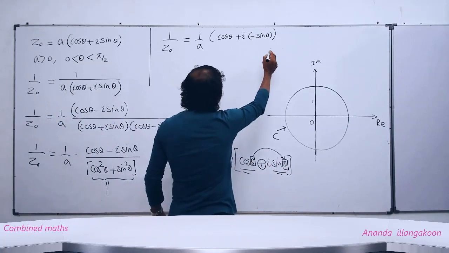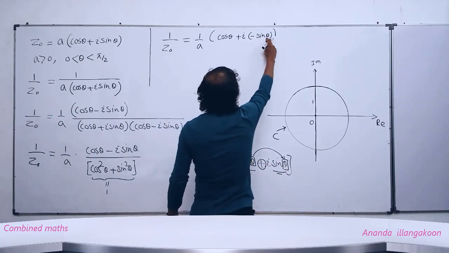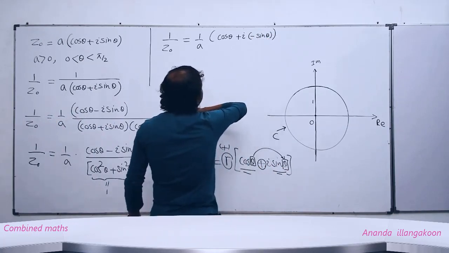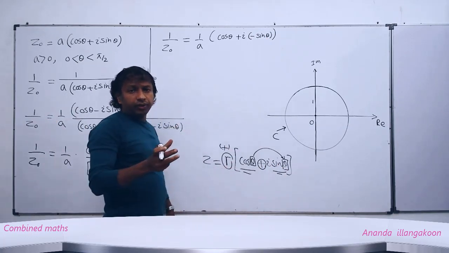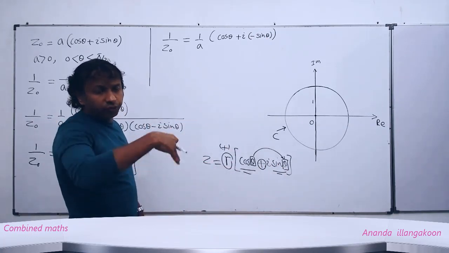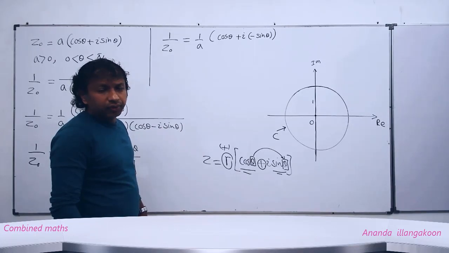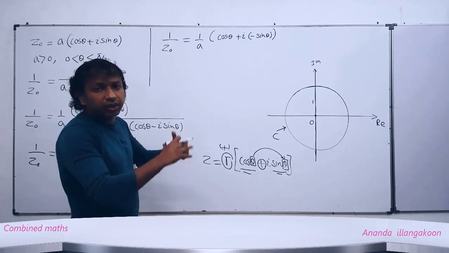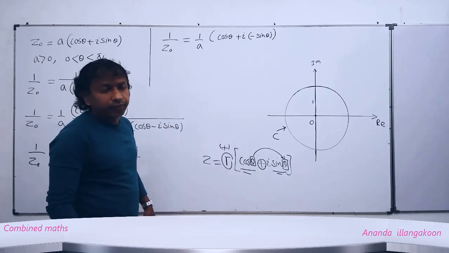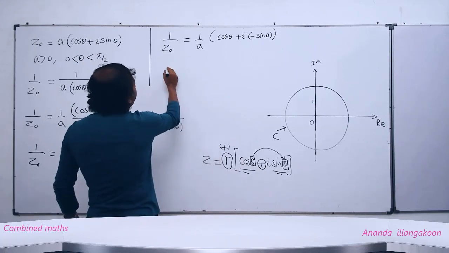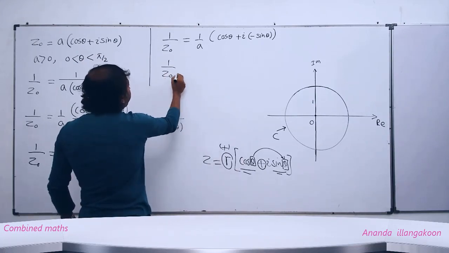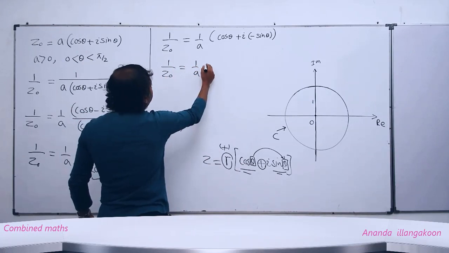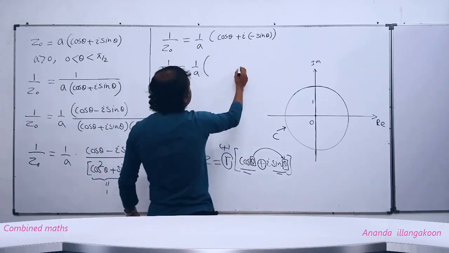Then what I do is this, people. This minus sign we bring inside, because we know sine minus theta is equal to minus sine theta. The minus sign with the angle we can take out. Similarly, when the minus sign is before the sine ratio, that can be put in the angle. So therefore, I can write it like this: 1 upon a, I will keep for a while the same.